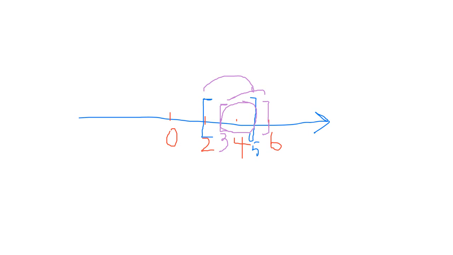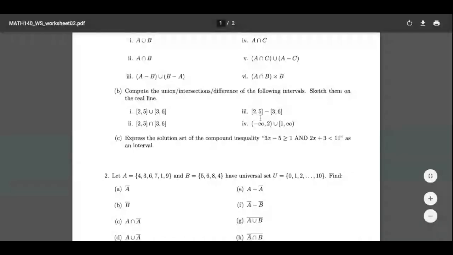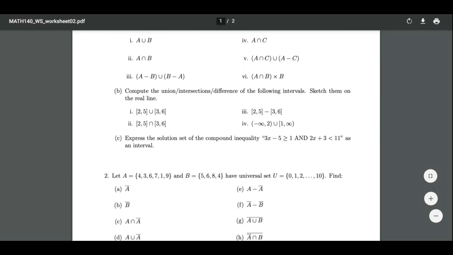Okay, great. Now, okay, so we have 2 to 5, subtract 3 to 6. Yeah, maybe you draw on your notebook.